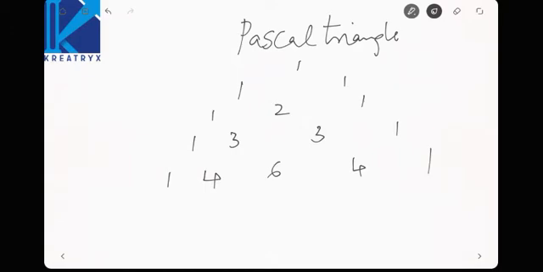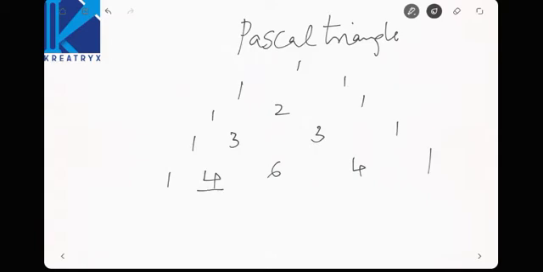If the question is like this: find out the compound interest at 10% per annum, compounded semi-annually for 2 years. See here, for 2 years compounded semi-annually, how many times is the compounding done? 4 times. Observe the 4 row in the Pascal triangle.